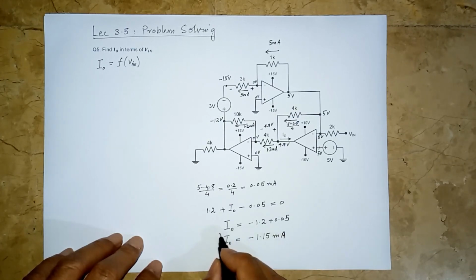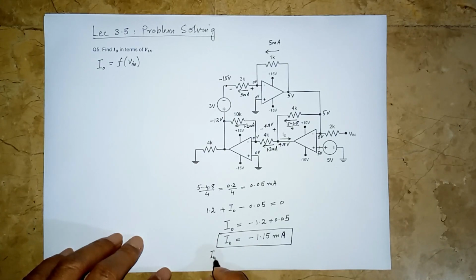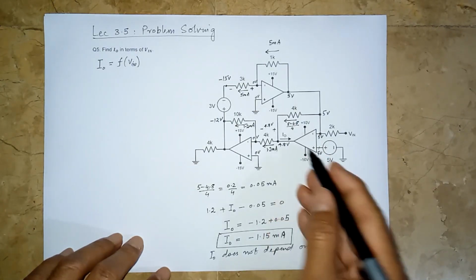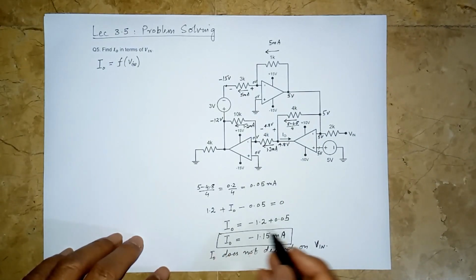And the important thing is it does not depend on V in. So whatever this voltage is, IO does not depend on it, and we have solved it.